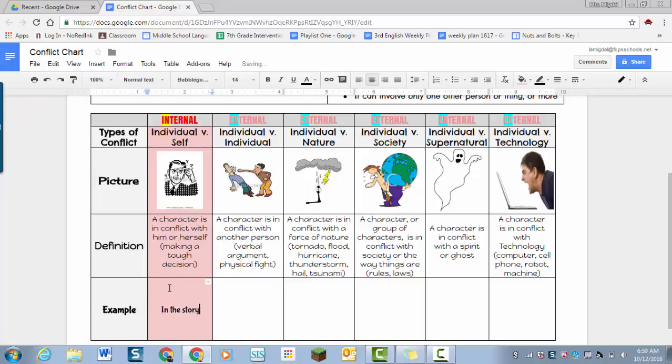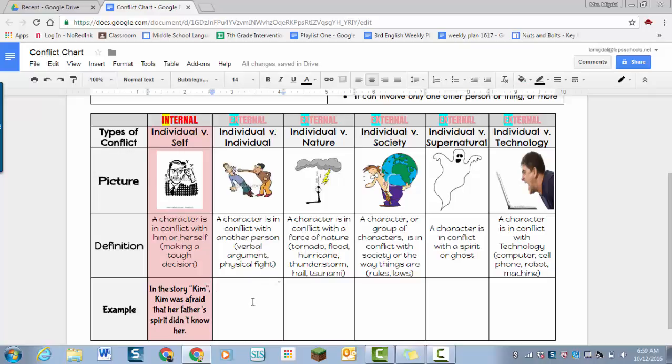In the story Kim, Kim was afraid that her father's spirit didn't know her.